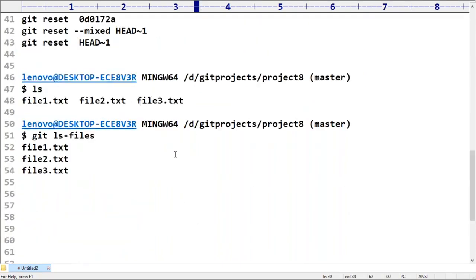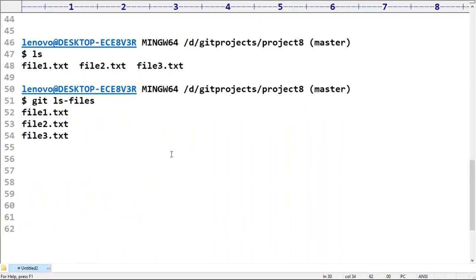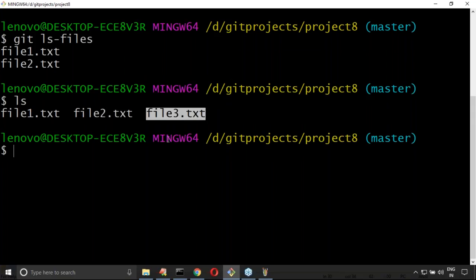Now I have one small doubt. Sir, you removed it, but I want to revert. This is the situation: I want to add this file 3 to my repository again. What is the way, sir?